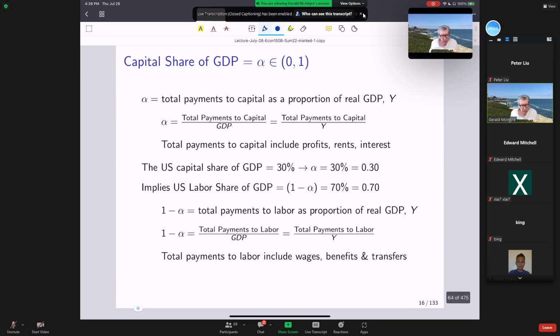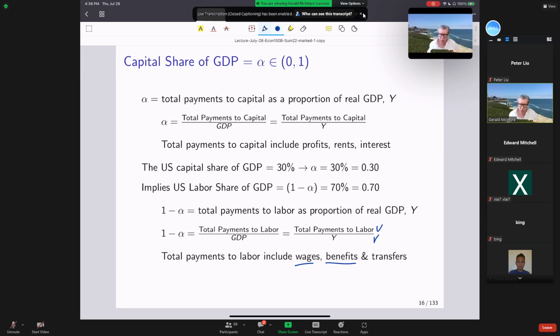And these include, of course, what workers get paid. They get paid wages, they get paid fringe benefits, vacation days, sick days, time off, personal days, eyeglass care, medical insurance, I should say, maternity leave, paternity leave, elder care leave, transfers from the government. All of those things are things that workers earn, labor earns, and they all contribute to the total payments to labor in the numerator, and then we divide that by real GDP, and that gets the labor share.